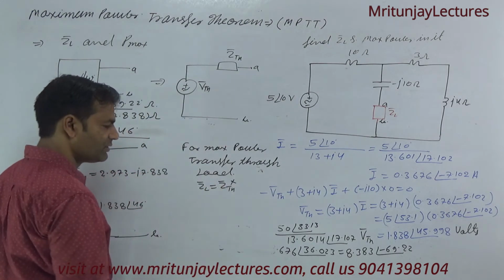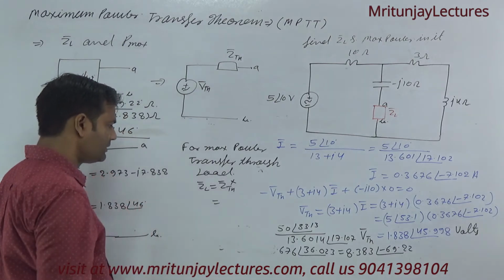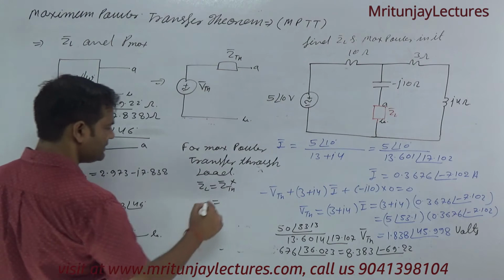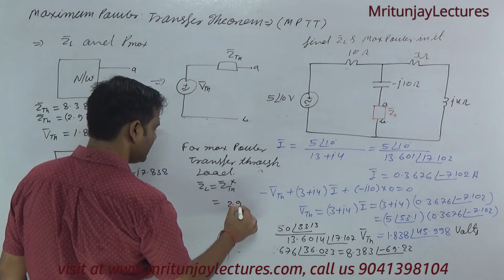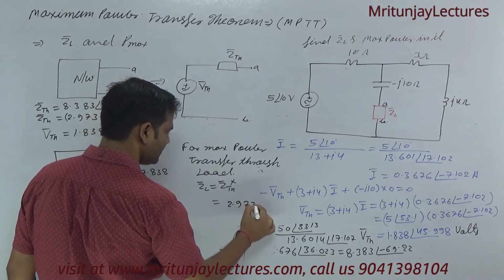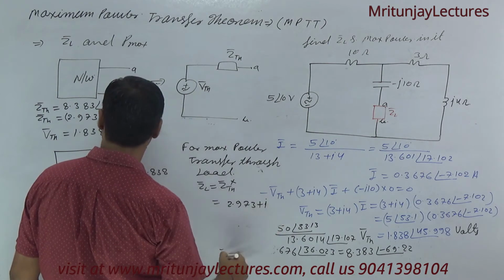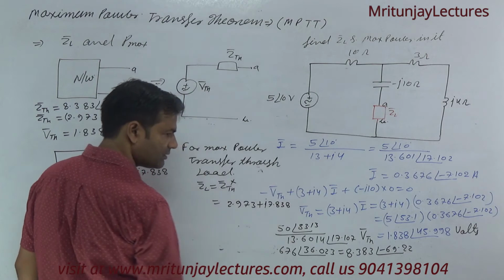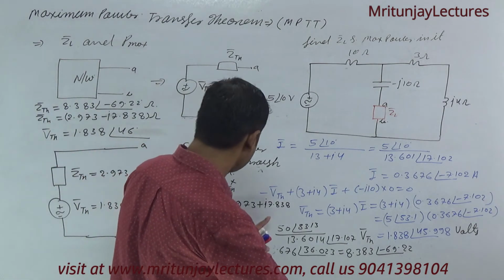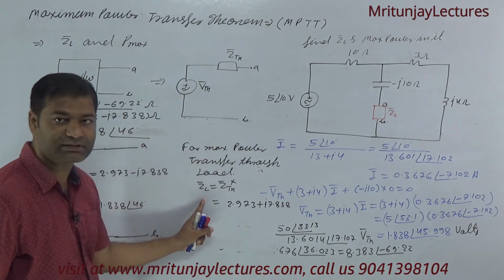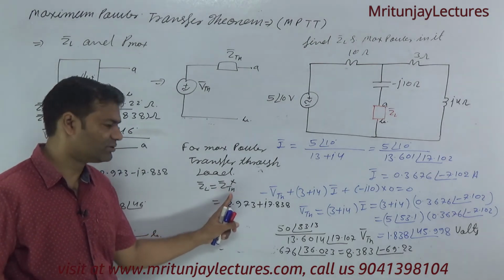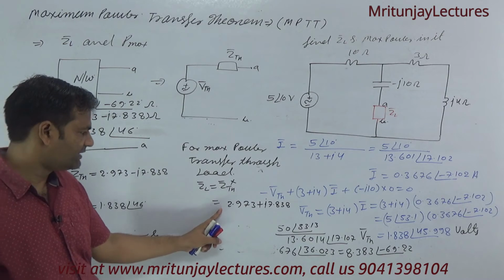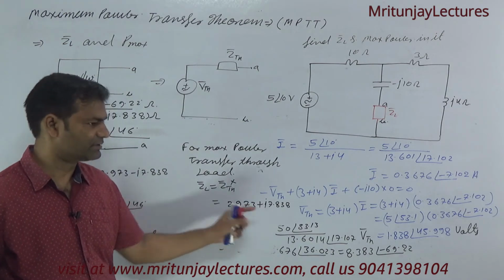So the conjugate of this one is 2.973 plus j7.838. Clear or not? I have already discussed why ZL is equal to the conjugate of ZTH.